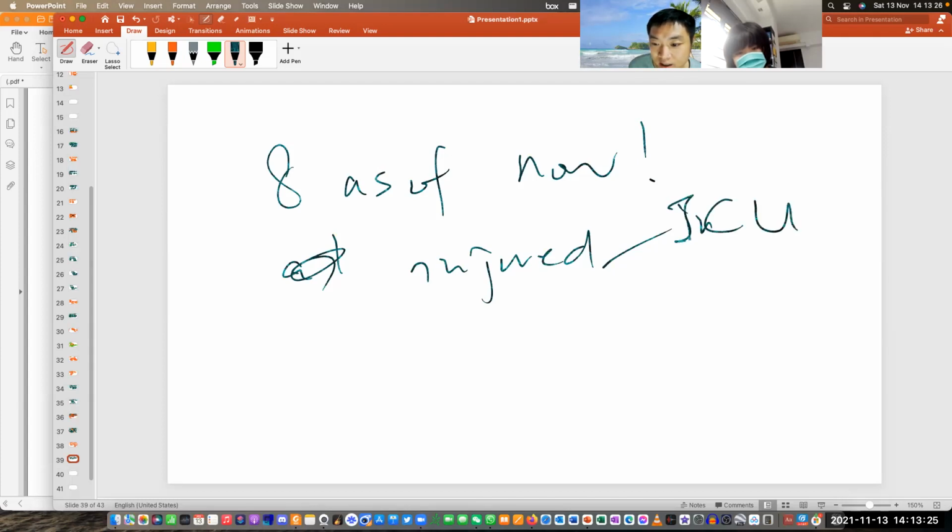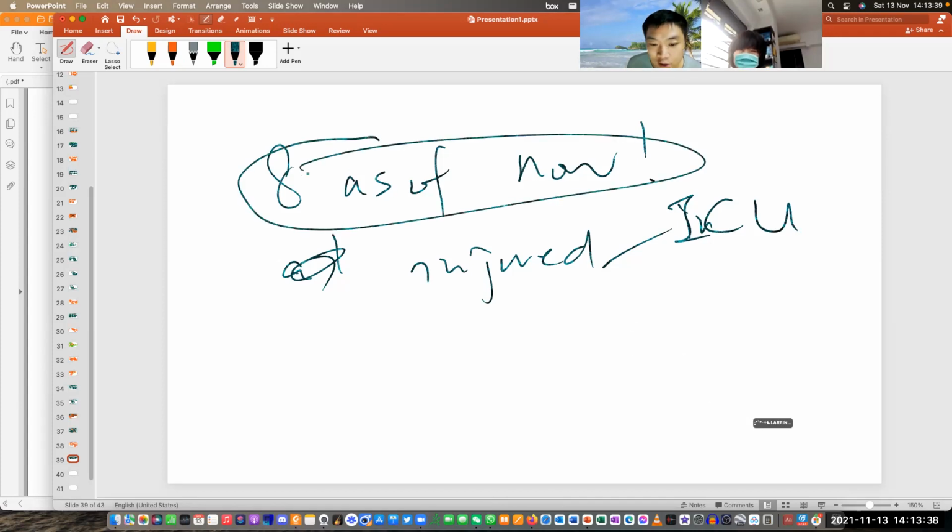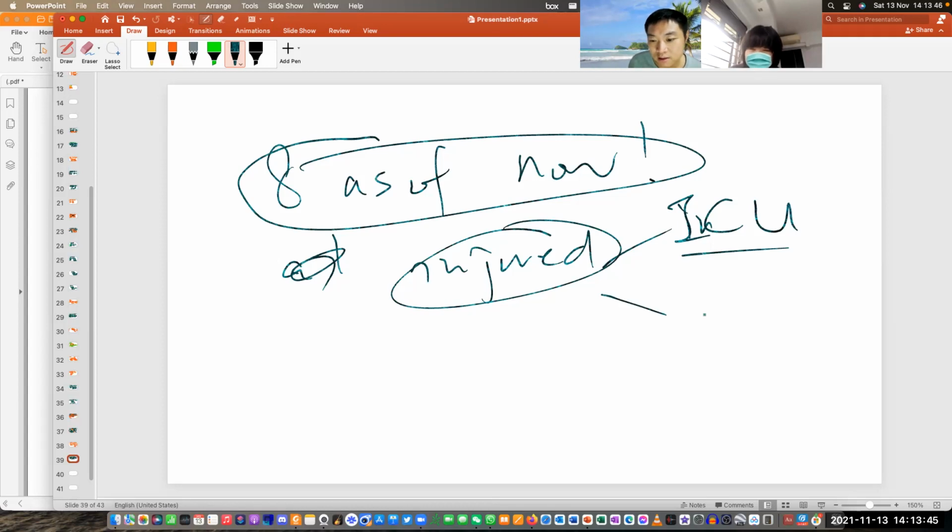You know what is ICU, right? Intensive care unit. So that means they might be on their way to death. So 8 as of now. The injured ones, you don't know. Some are in ICU, some are at home, some are recovering in hospital, but somehow they might die.